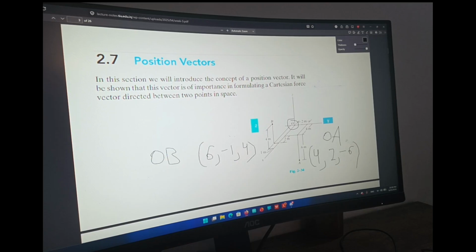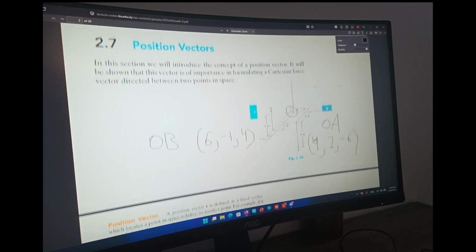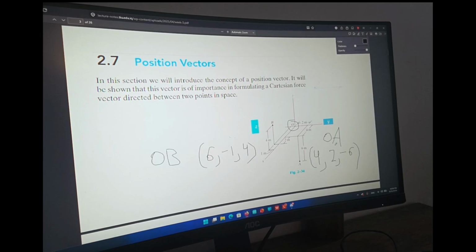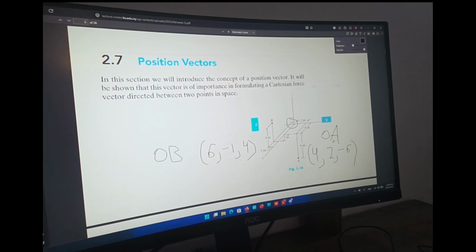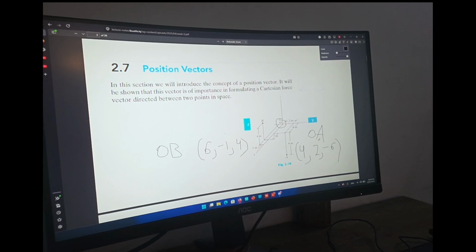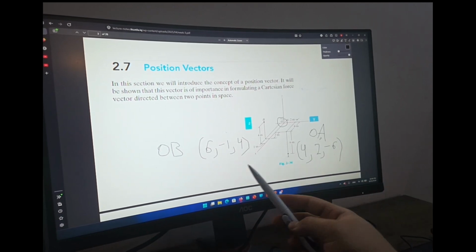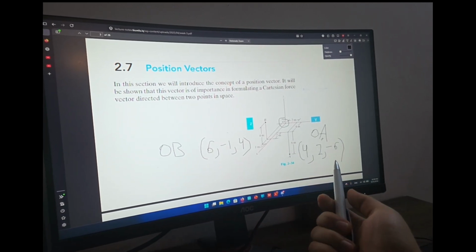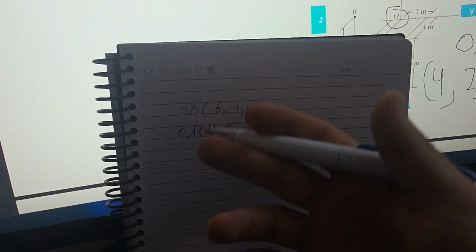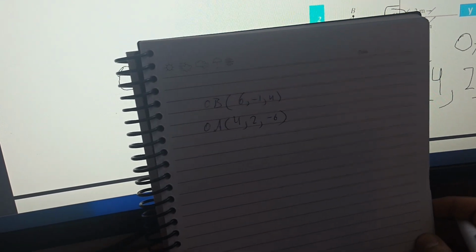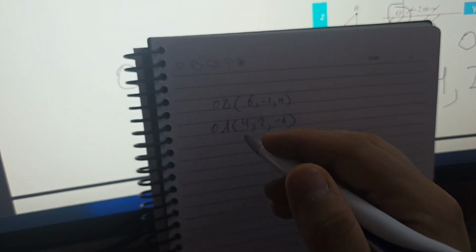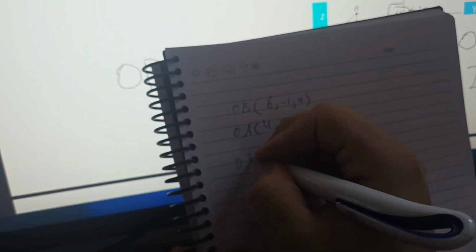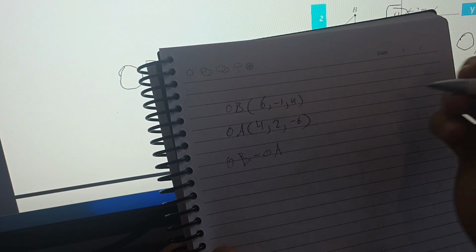Okay. So now, to solve for this position vector, to find the magnitude, the direction, all these, you're gonna have to add these two into a Cartesian form. So I copied them onto my notebook. Now, traveling from point A to point B, you do OB minus OA.